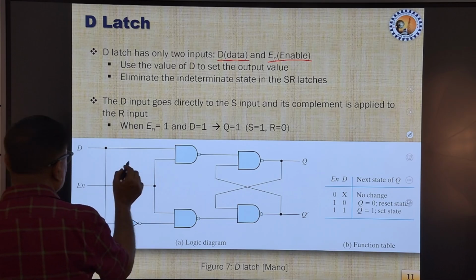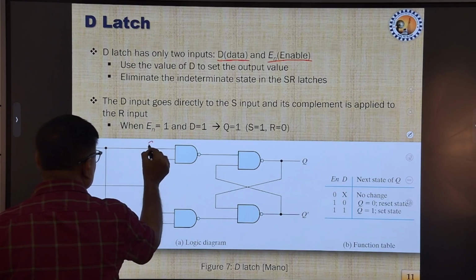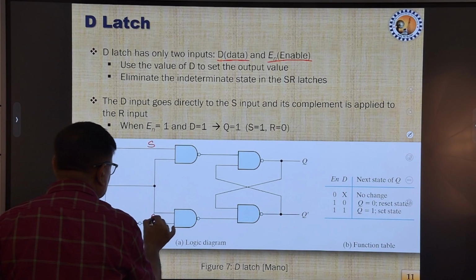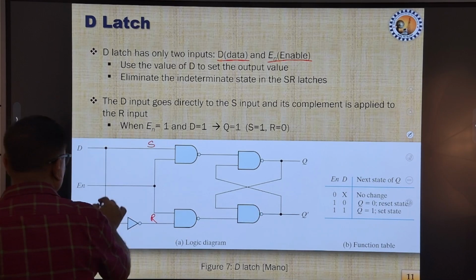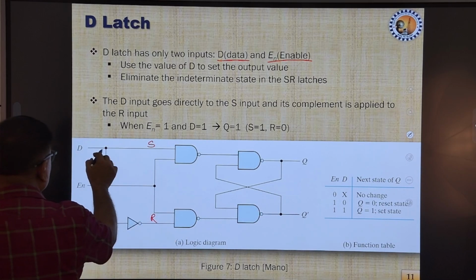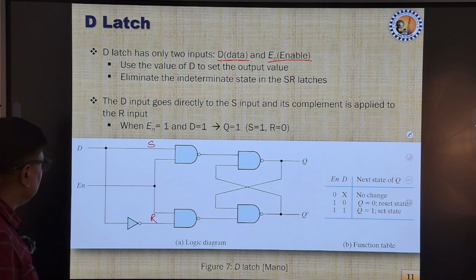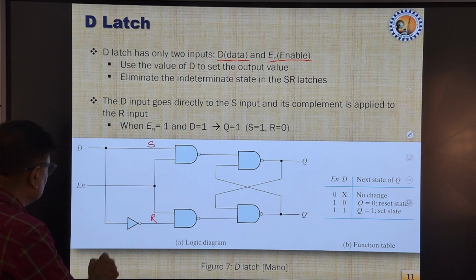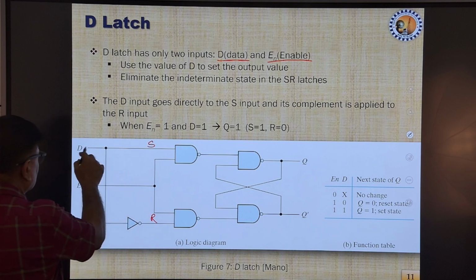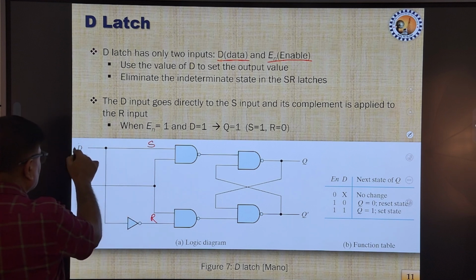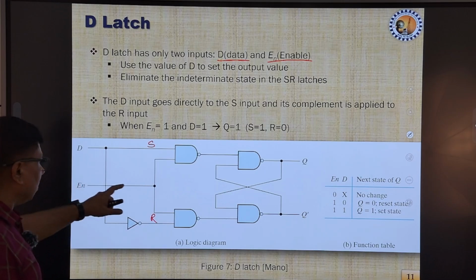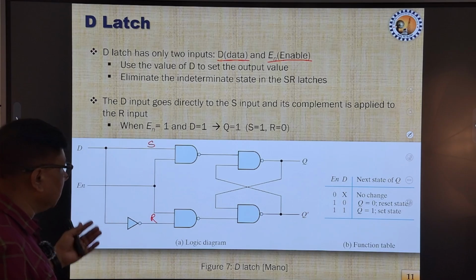Here the only thing is that, in terms of the previous one, this was S and this was R. An inverter has been connected between the D input and the S and R inputs, and that makes the difference. That gives us the one input D, and enable, obviously, as discussed in the previous one.